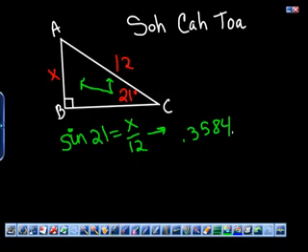And again, if you don't have a scientific calculator, you turn to page 731 in your book, you look for the number 21, you make sure you're in the sine column, and you should have this number as well. Let's make this over 1, cross multiply, and I get x equals, round to the nearest tenth.